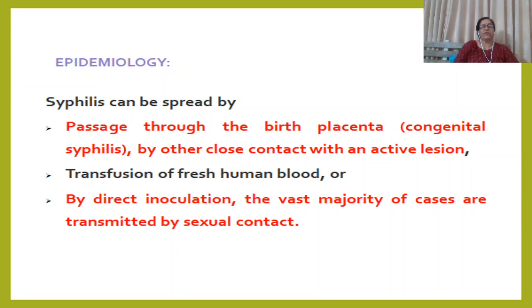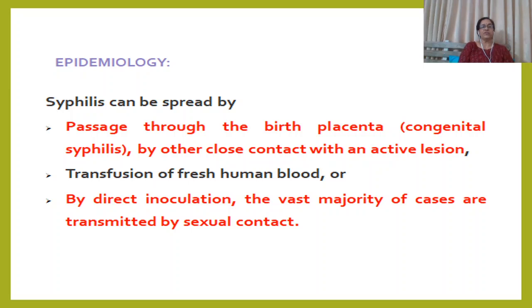In the epidemiology part, we have to see the spread of the disease in various groups, in various races, as well as the countries which are mainly affected. So syphilis can be spread by passage through the placenta, that is congenital syphilis, or other close contact with an active lesion.